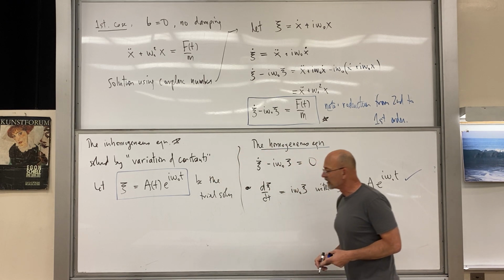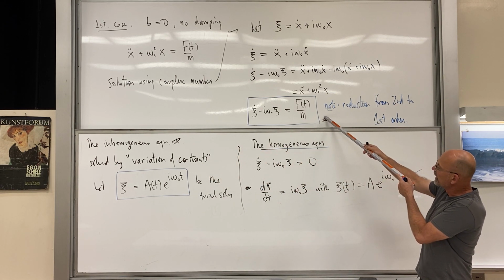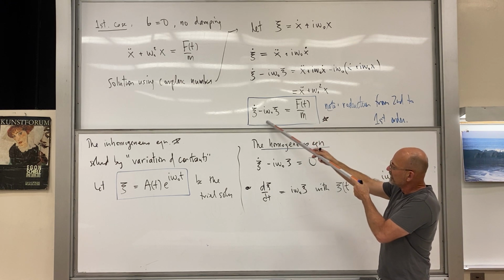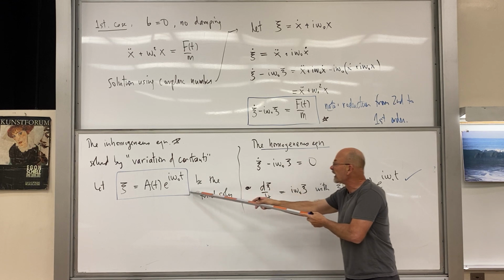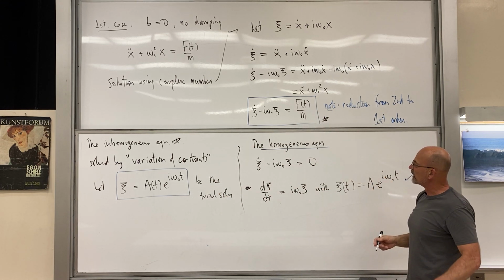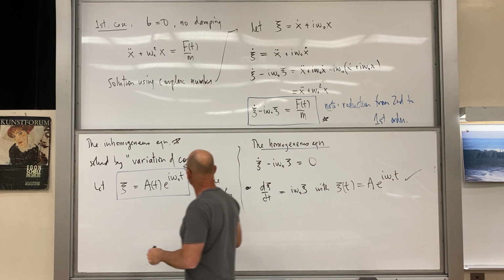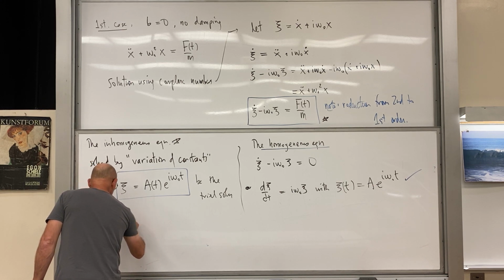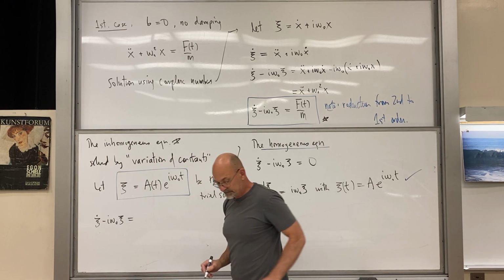Now we'll just go in there into this differential equation. So we take a derivative minus i omega naught times the function itself equals f of t over m. So here we go. C dot minus i omega naught c. So what is that equal to?